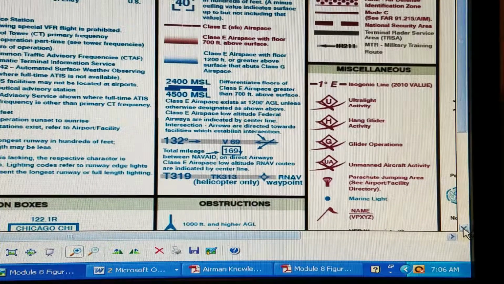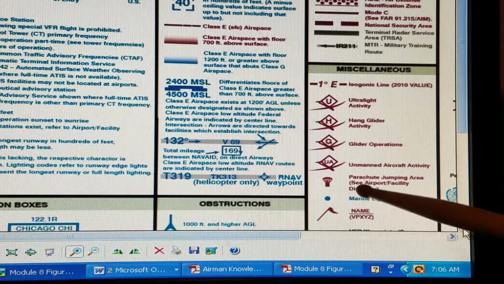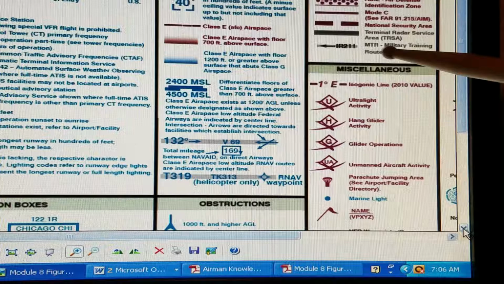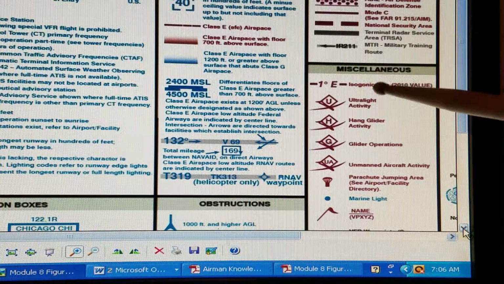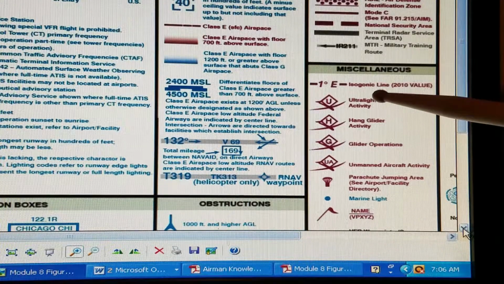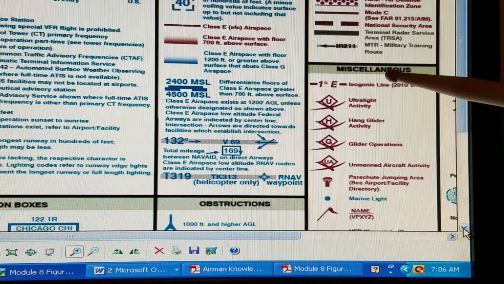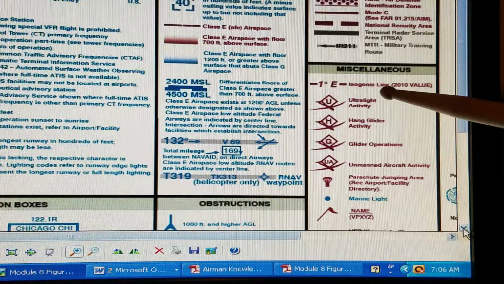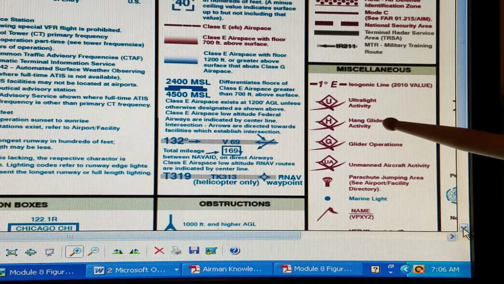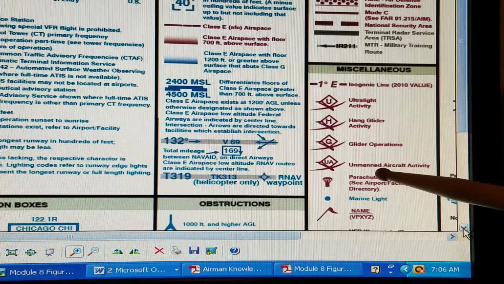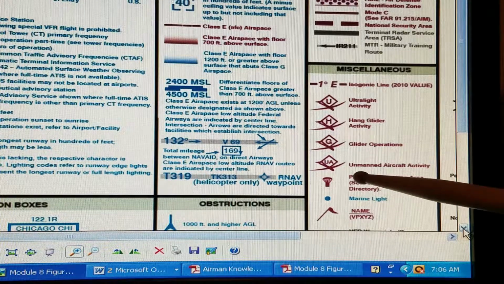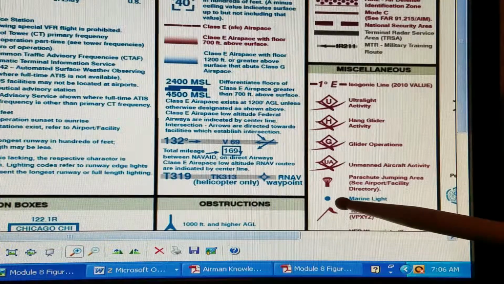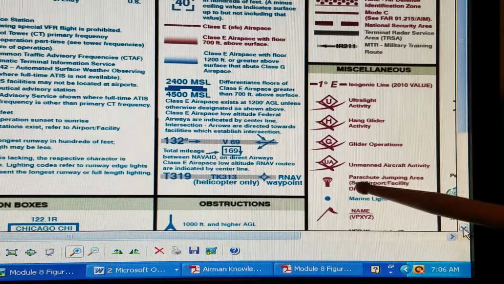Ladies and gentlemen, I need to take you back to sectional aeronautical charts. Under miscellaneous, you see all these glider signs: gliders, ultralight activity, hang glider activity, glide operations, unmanned aircraft activity, and of course parachuting. Also, this cute little flag is very important.